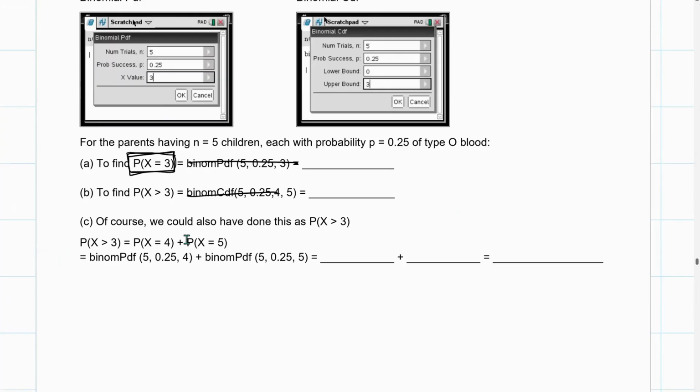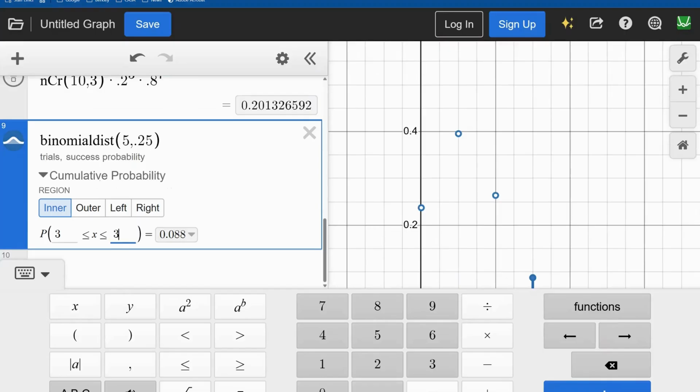Let me put that on the sheet. 0.088. And if we look back at our notes, that's the same number that we had. So that's the probability of exactly 3. Now, if we want greater than 3, we can just change this to greater than 3. Well, the smallest number is 4, and the largest number is 5.